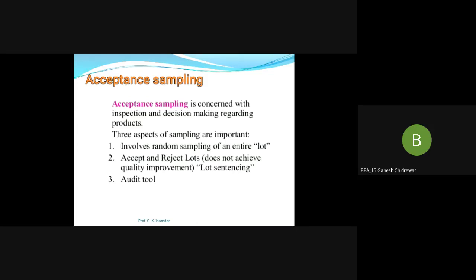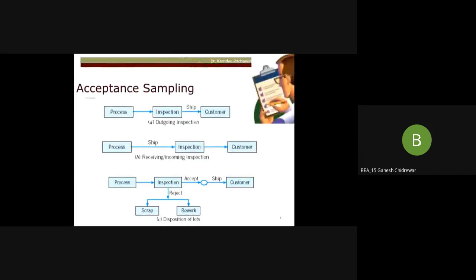For that purpose, acceptance sampling is one of the concepts. It involves random sampling of an entire lot. Accepting and rejecting lots does not achieve quality improvement. Lot sentencing is an audit tool, so we can say generally that it is the audit tool of acceptance sampling, deciding which sample should be accepted or rejected.